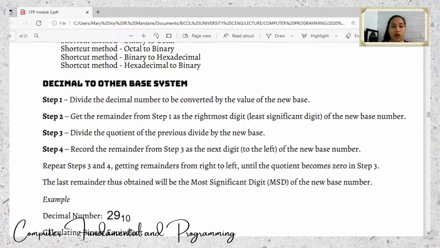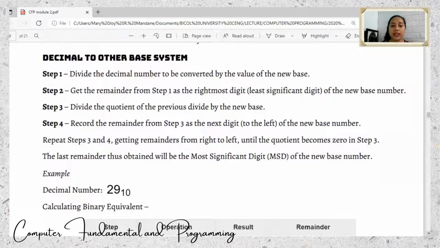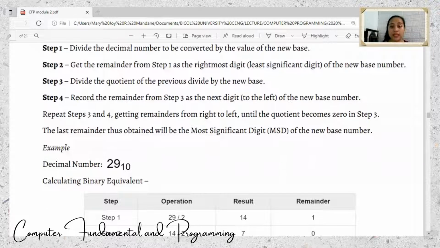Step 4, record the remainder from step 3 as the next digit to the left of the new base number. Repeat steps 3 and 4, getting remainders from right to left until the quotient becomes 0 in step 3. The last remainder obtained will be the most significant digit, MSD, of the new base number.